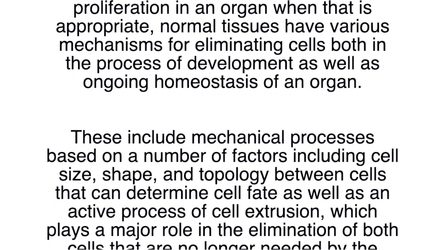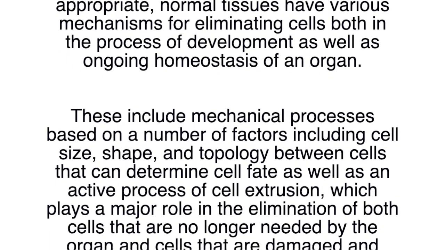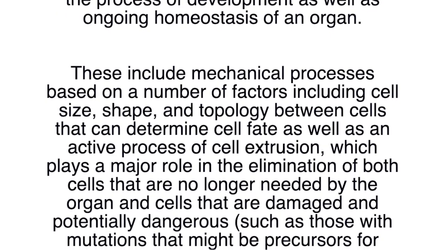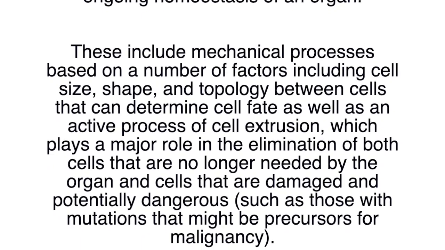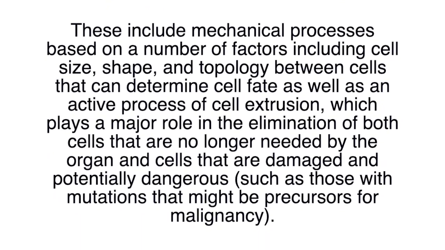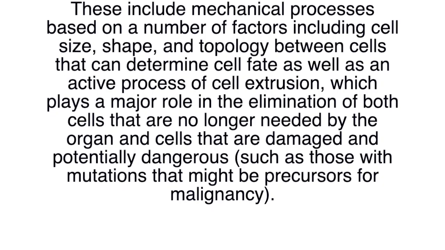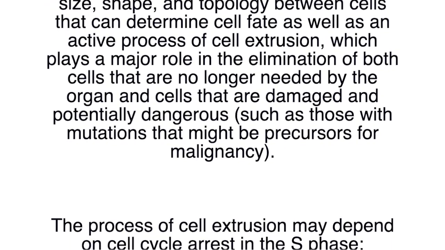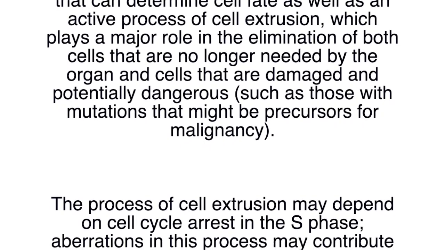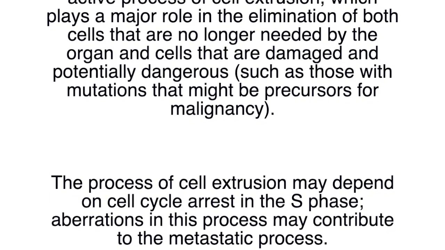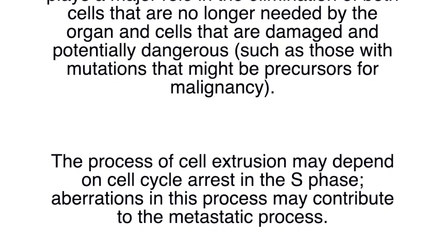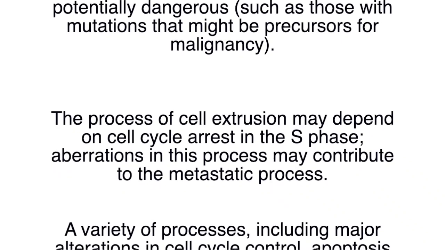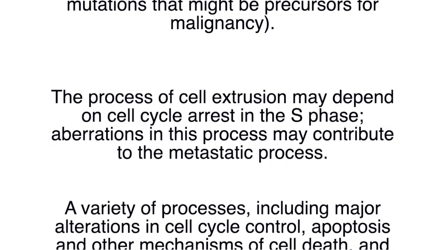These include mechanical processes based on a number of factors including cell size, shape, and topology between cells that can determine cell fate, as well as an active process of cell extrusion, which plays a major role in the elimination of both cells that are no longer needed by the organ and cells that are damaged and potentially dangerous, such as those with mutations that might be precursors for malignancy.